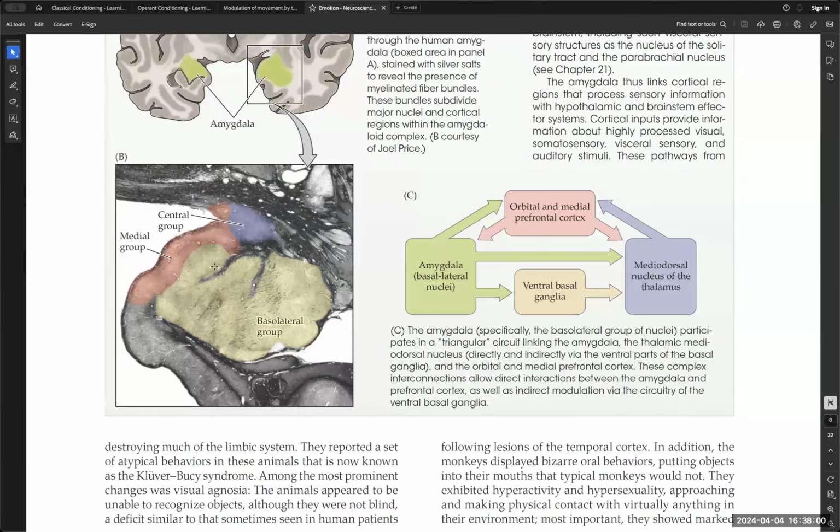The basolateral is the major input nucleus of the amygdala, and you have the central nucleus. The central nucleus is divided into central medial and central lateral. And mostly, the central nucleus is the output structure of the amygdala.